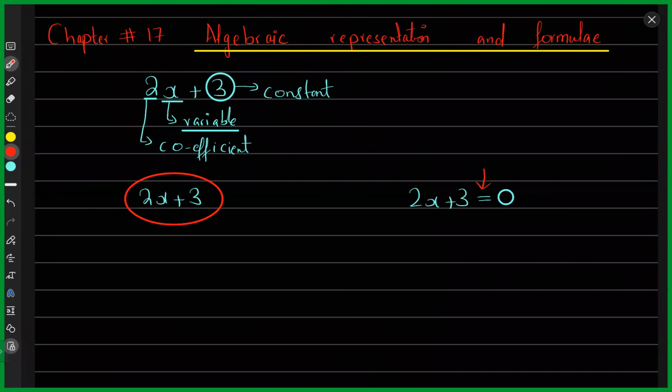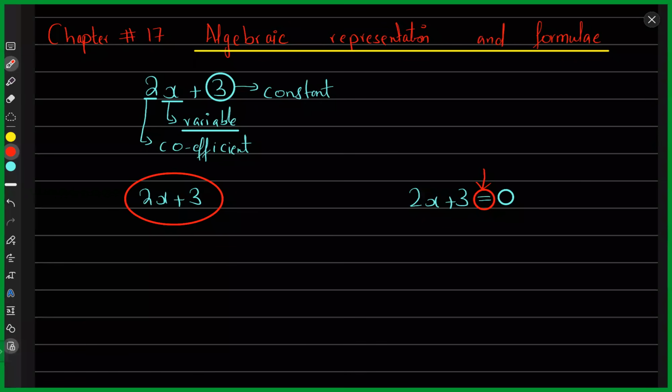Okay, forget about quadratic or linear for now. I am not talking about that. I'm just explaining the difference between an expression and an equation. In equations, obviously, we have the equal to sign. And when you have something without the equal to sign, that's just an algebraic expression.